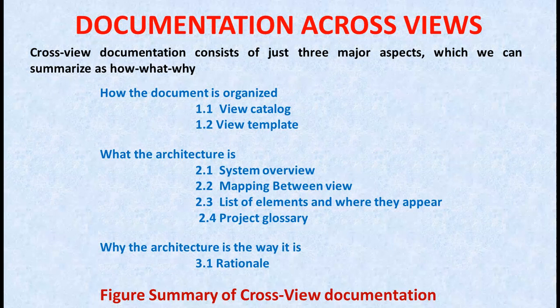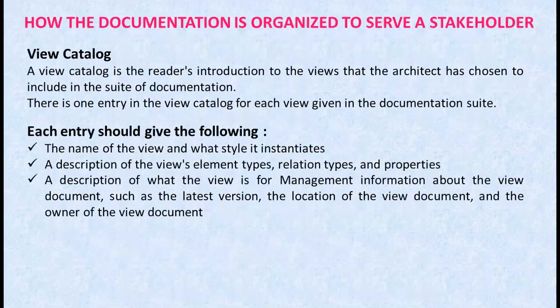So here coming to how to document, how the documentation is organized to serve stakeholders. Every suite of architecture documentation needs an introductory piece to explain its organization to a new stakeholder and to help that stakeholder access the information he or she is most interested in.